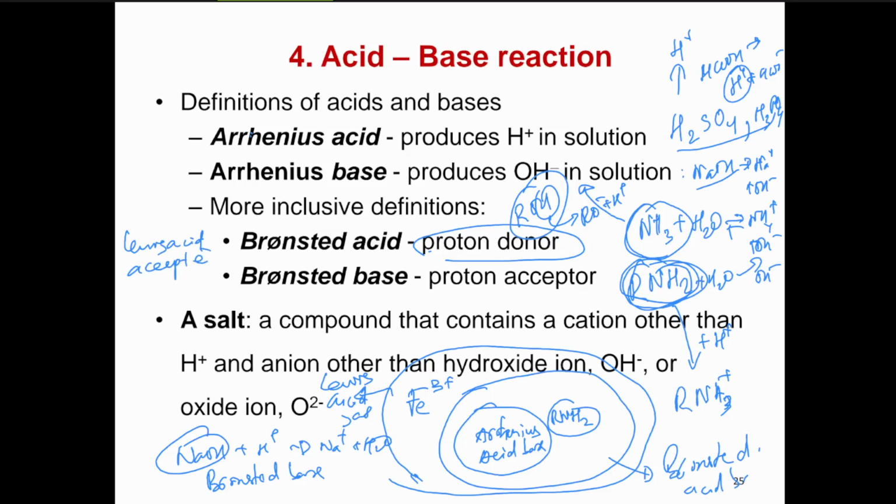When you accept electrons and when you give protons is quite similar. But then you can extend the concept to ions, like iron 3+ can now become a Lewis acid. So you see, the Lewis acid-base definition covers all the Bronsted acids and bases. And then Bronsted acid-base covers all the Arrhenius acids and bases.